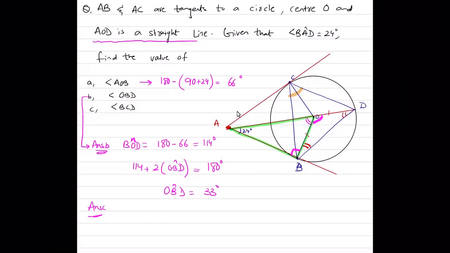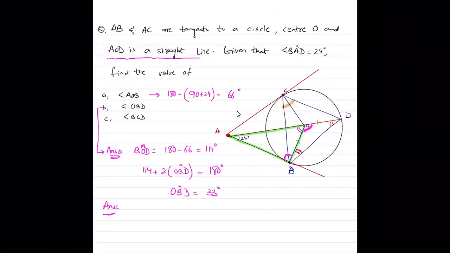One of the properties that we are going to discuss in the coming question is that the angle at the center is twice the angle at the circumference. Right now I'm just telling you this, but in the coming questions I can explain that property as well. Angle at the center is BOD, and angle at the circumference is BCD.